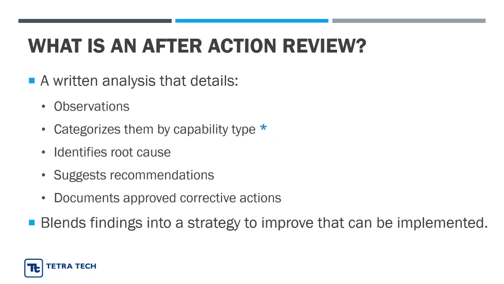Probably one of the most common ones is the why staircase. So when you're confronted with an observation, I'll give you an example: the call center was not able to handle the volume of calls or address the questions people had.